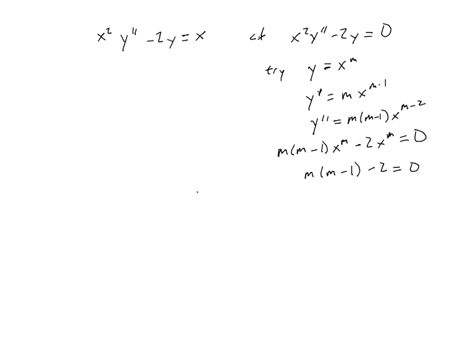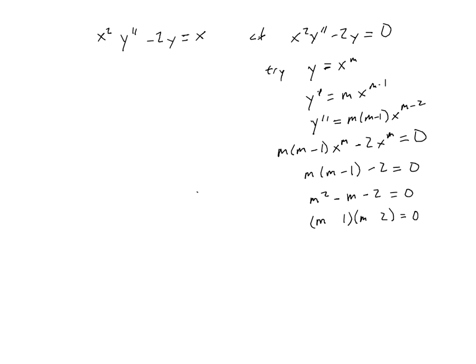Now to solve this, what I would do is multiply this out, so I have m squared minus m minus 2 equals 0, and then I would factor it. And I can get, let's see, this should be an m something 1 times an m something 2, right?